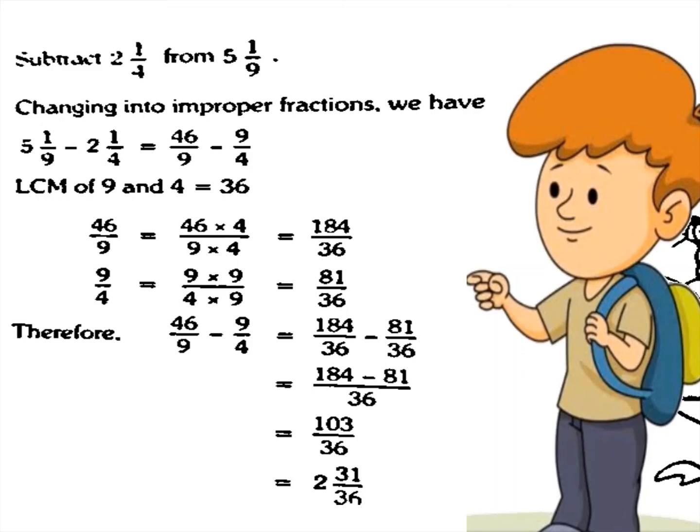So we shall multiply 46 multiply 4. 46 multiply 4 gives us 184 upon 36. And for subtraction we take the bigger digit first and the smaller after that. So bigger digit here is 184 upon 36, subtract 81 upon 36. Do subtraction and copy the denominator. This gives us 103 upon 36.